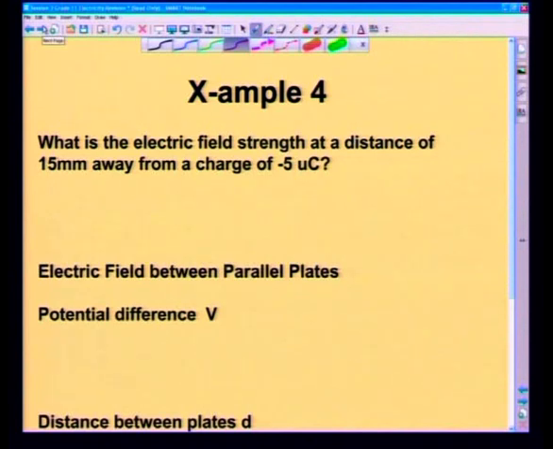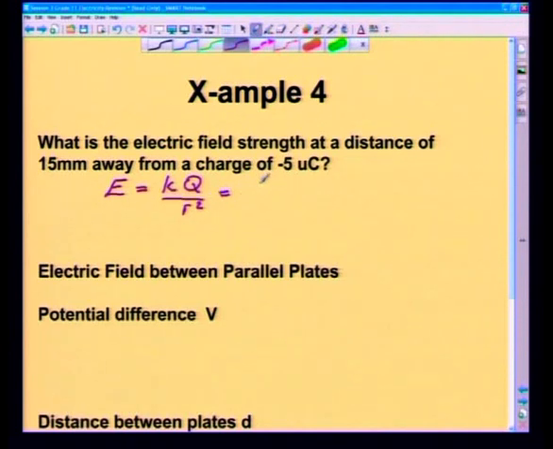Now, let's have a look at an example. What is the electric field strength at a distance of 15 millimeters away from a charge of -5 microcoulombs? Now, we can use that equation, E equals KQ over R squared. We substitute into this.